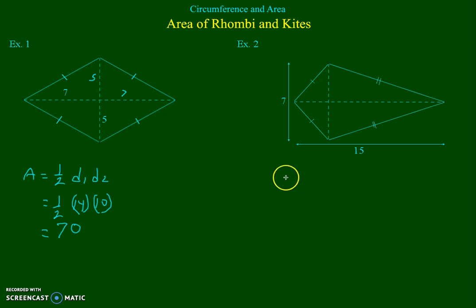So our area is 1/2 D1 D2, 1/2 times 7 times 15, which is equal to 52.5. All right, that covers the area of rhombi and kites.